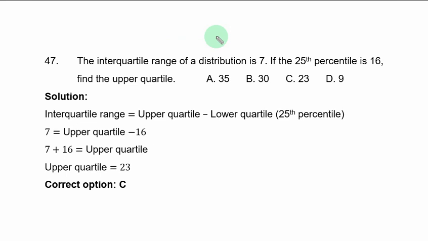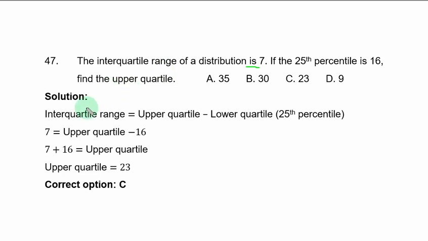Question 47. The interquartile range of a distribution is 7. If the 25th percentile is 16, find the upper quartile.